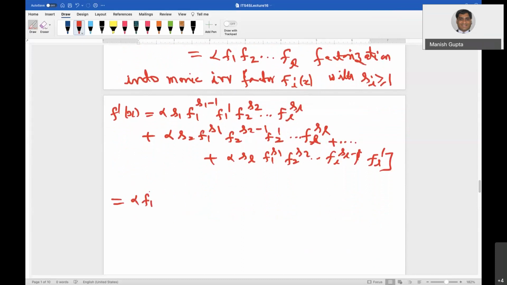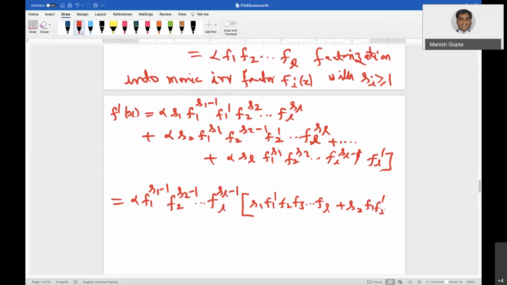Alpha times f1 raised to power s1 minus 1, f2 raised to power s2 minus 1, fl raised to power sl minus 1 times s1 f1 prime f2 f3 fl plus s2 times f1 f2 prime dot dot dot fl plus dot dot dot sl times f1 f2 fl minus 1 fl prime, right?